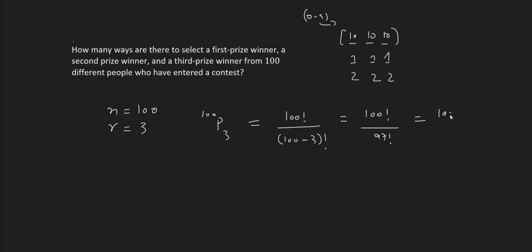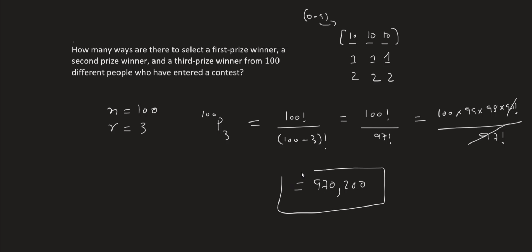This will be 100 times 99 times 98 times 97 factorial divided by 97 factorial. So this and this will cancel out. What you will get is 970,200. So these are the number of permutations that you will get if 100 people are participating and we have to choose 3 prizes.